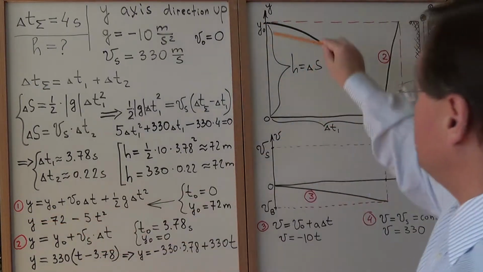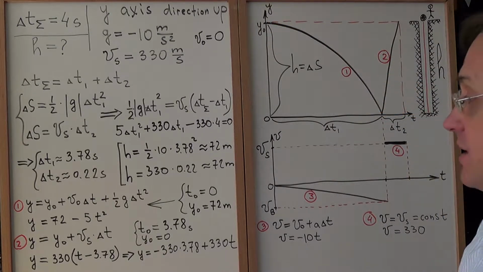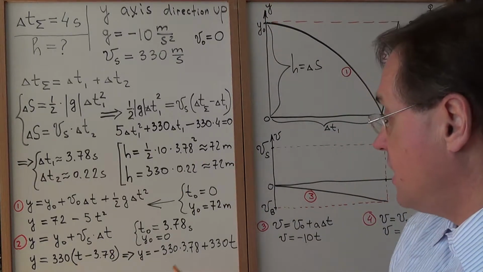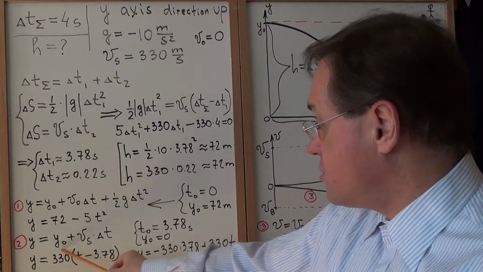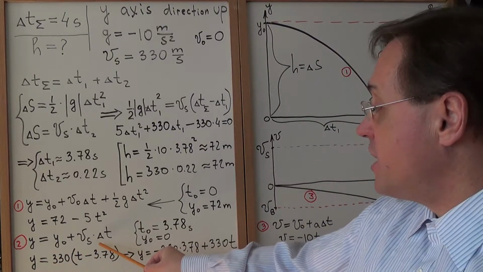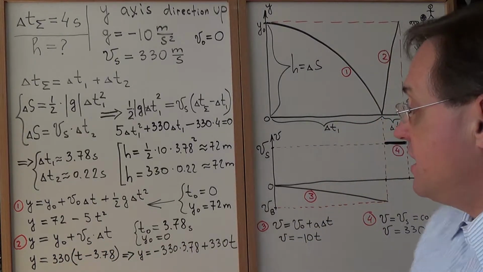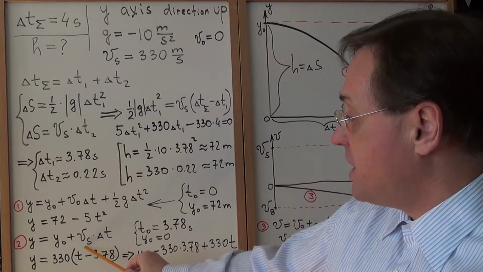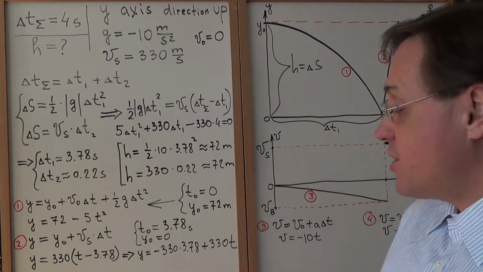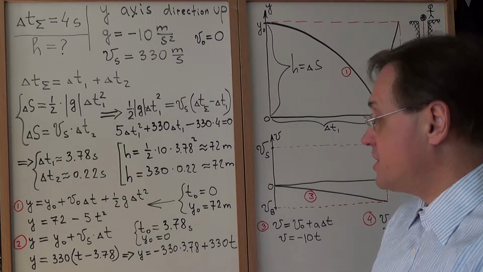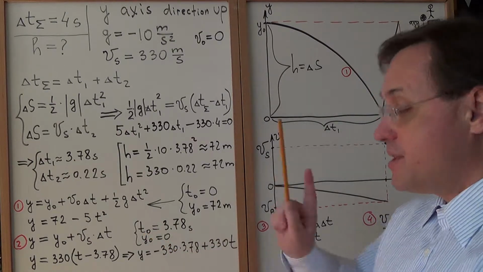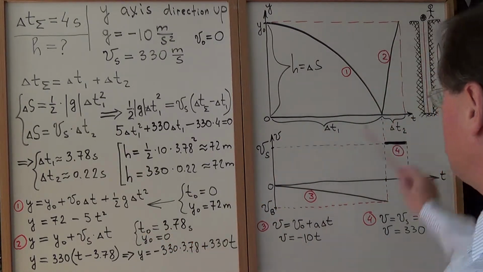This is number 1, the rock falling down. Number 2 is the movement with constant velocity, the velocity of sound. In this case, very important: we see that t0 is not 0 because we start here.